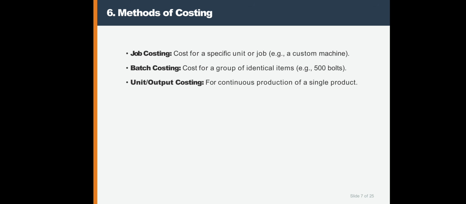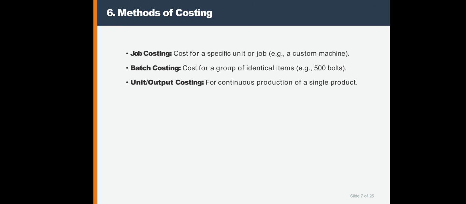Batch costing is a form of job costing. In this method, instead of costing each component separately, each batch of components is taken together and treated as a job. So, batch costing is used to determine the cost of a group of identical or similar products.